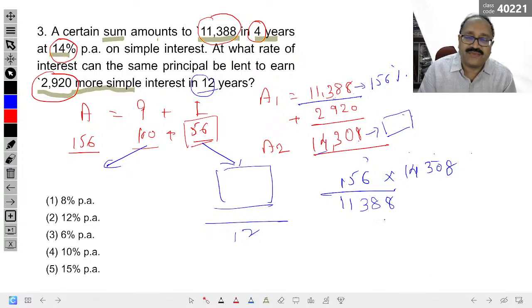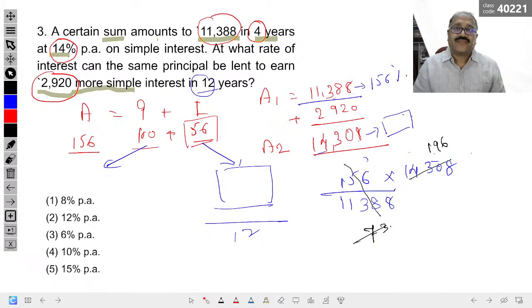So the previous one was 156%. This is what percentage? Then you will notice that this is only a cancellation, so you just have to put some effort into the calculation here. It gets cancelled with 73 times, and with 73, when you cancel this, it gets cancelled 196 times. I am not spending much time on the cancellation.